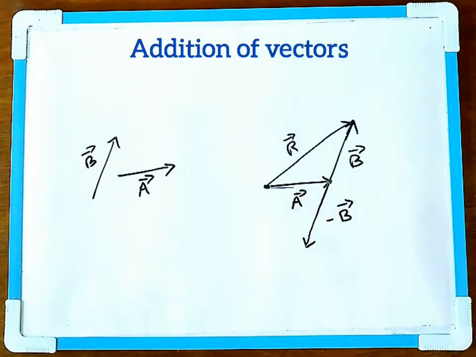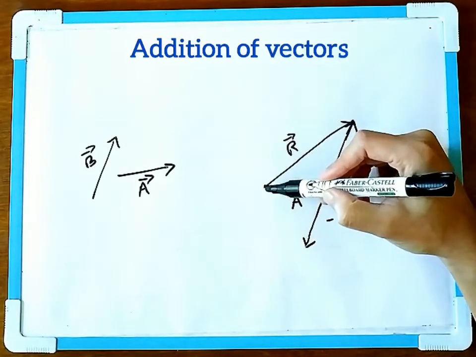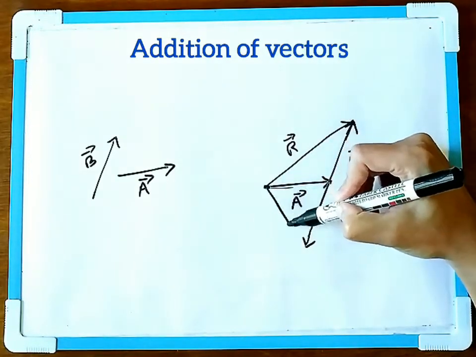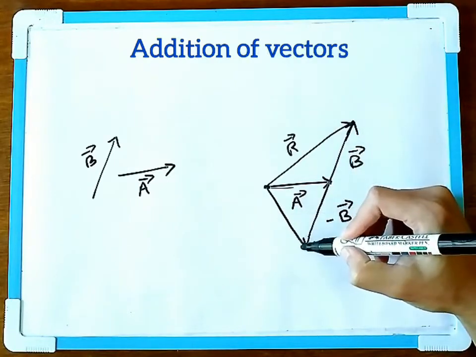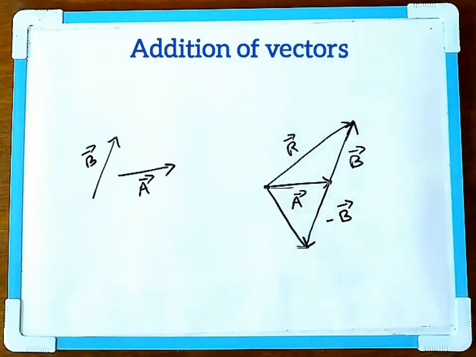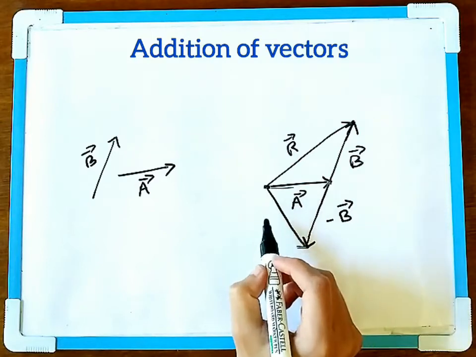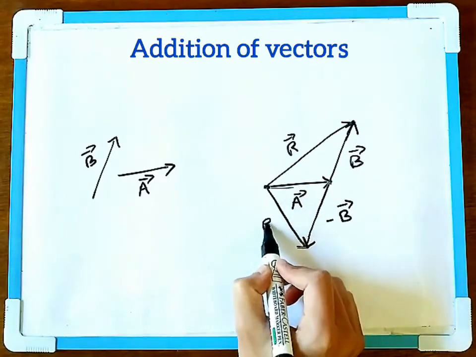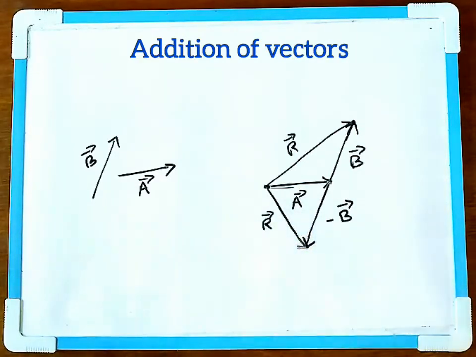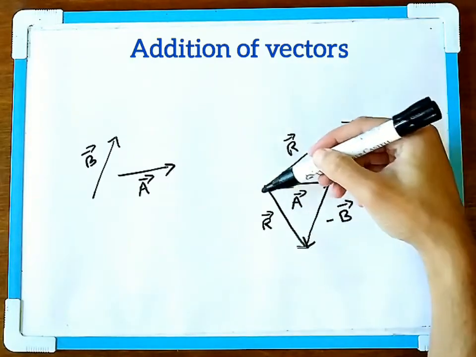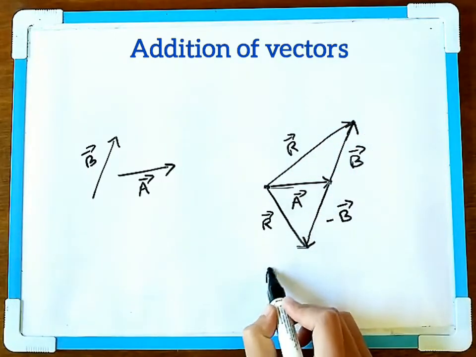And again we use the same rule. What we do is we join the initial position to the final position, and this will give you the resultant vector of the subtraction. So here this is your R. What you'll get is R vector.